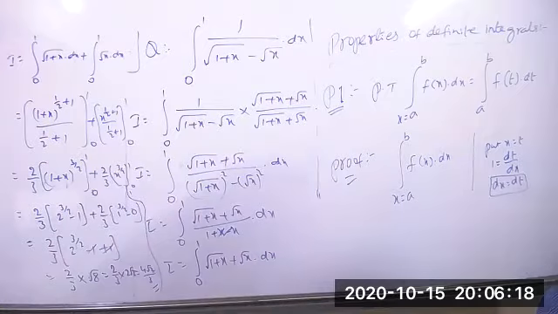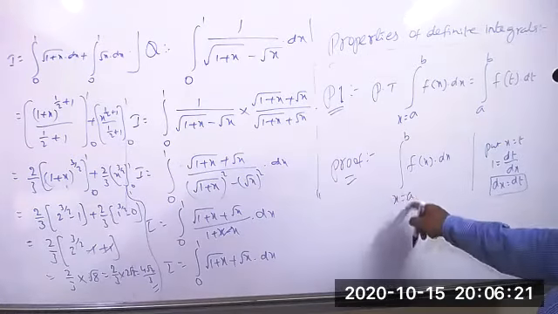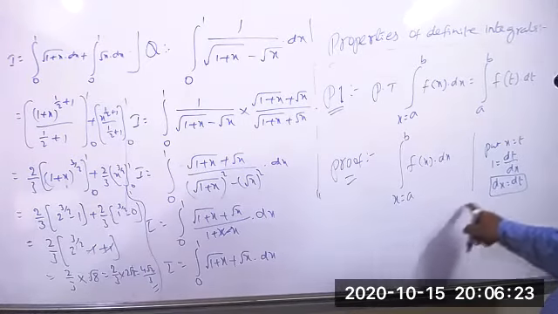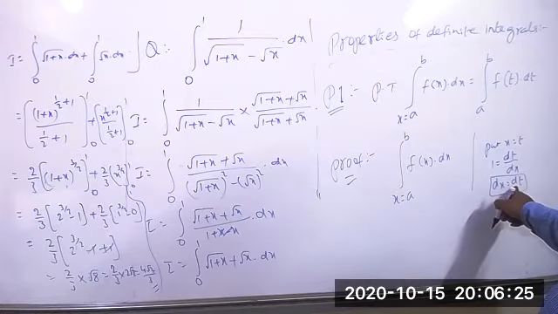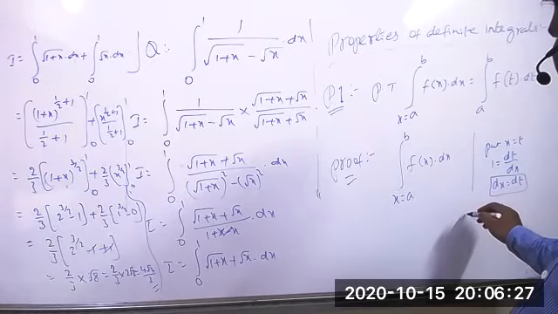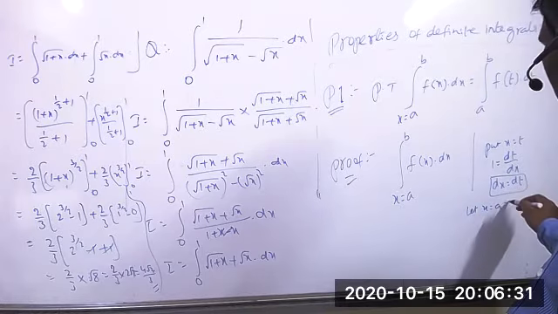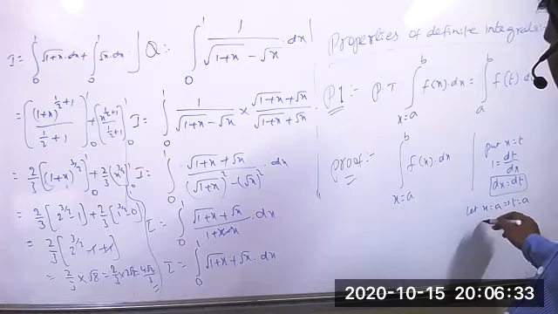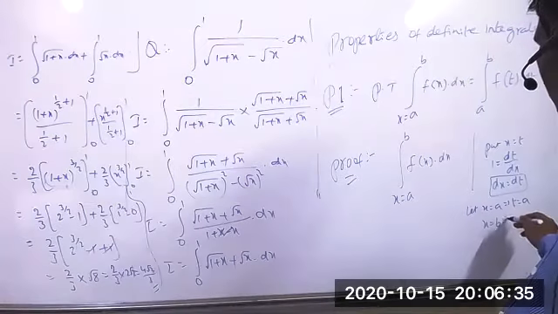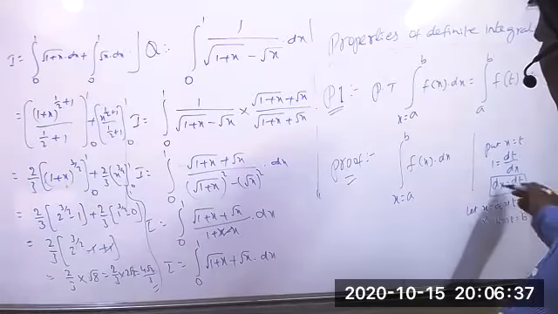But when you're taking the substitution, clearly we have to change the limits also, because these two are the values of x. With respect to t, we can find the value of t also. Let x equal to a; x equal to a means the value of t also equals a. Then x equal to b means t also equals b. Now I can substitute.